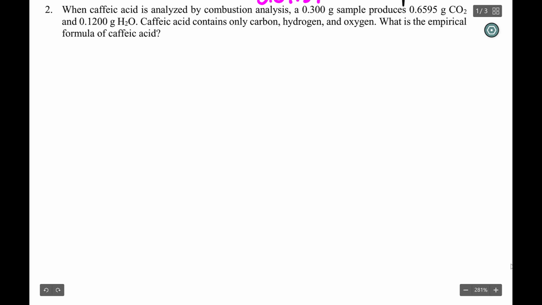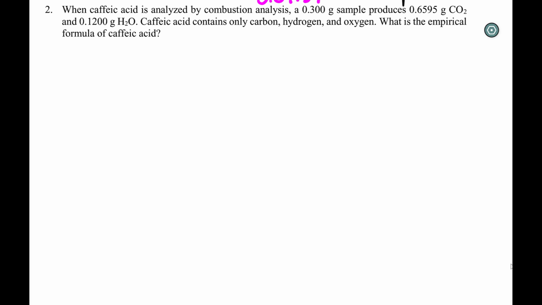So let's read the question, and we'll write out the theoretical equation and fill it in to the best of our ability. It says, when caffeic acid is analyzed by combustion analysis, a 0.300 gram sample produces this much carbon dioxide and this much water. Caffeic acid contains only carbon, hydrogen, and oxygen. What is the empirical formula?